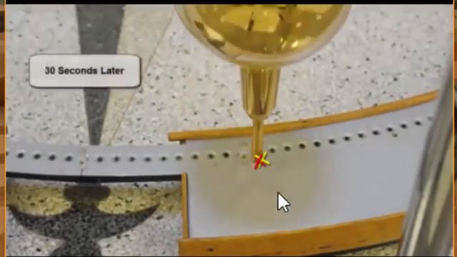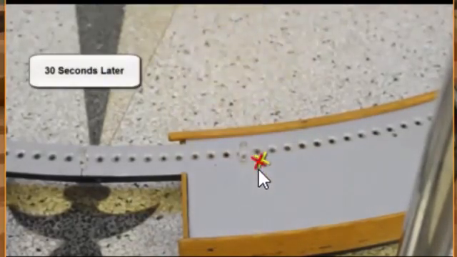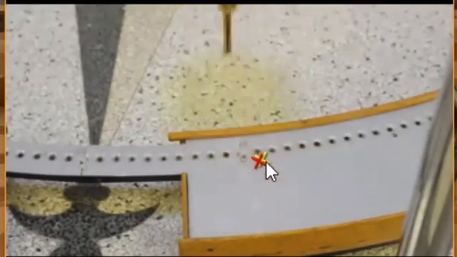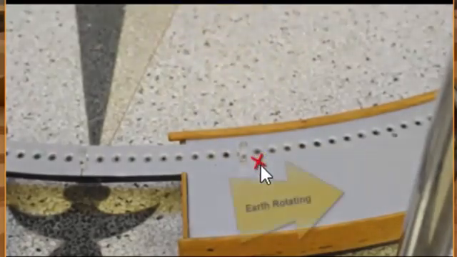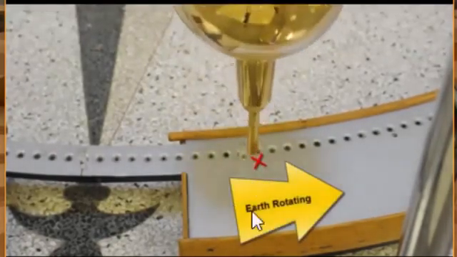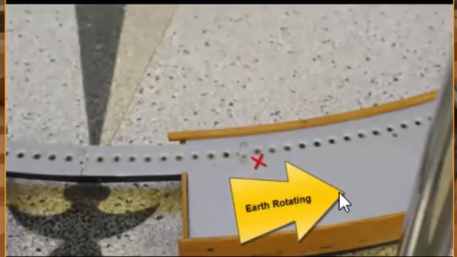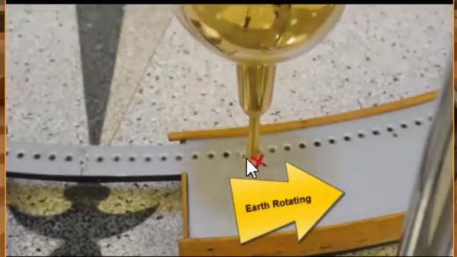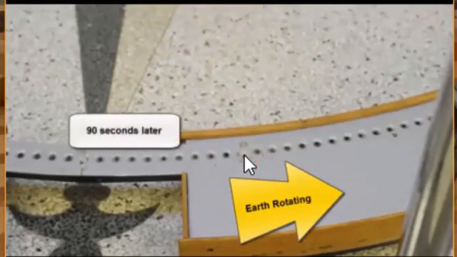However, since the Earth rotates and the board below it is attached to the Earth, it's going to start to move, and you'll see that 30 seconds later the position of where the pendulum hits has now changed. It's no longer over here, it's slightly more to our left. And that's caused by the rotation of the Earth moving this board. And as the Earth continues to rotate, you'll notice that it's now touching the peg.